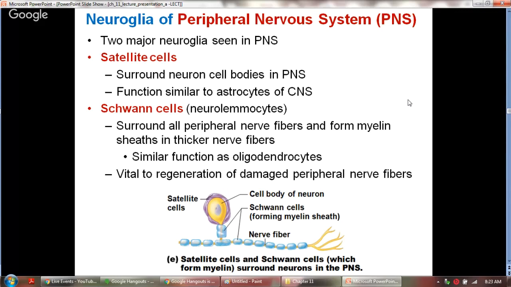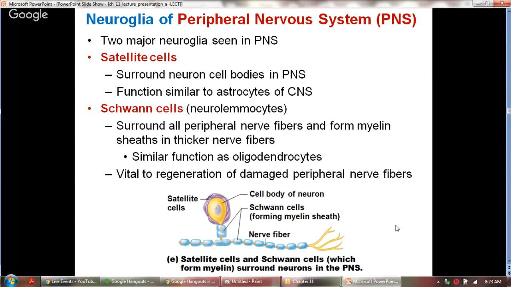And the Schwann cells are also called neurolemmocytes, and they surround all peripheral nerve fibers and form myelin sheaths in thicker nerve fibers. So it has a similar function to oligodendrocytes in the central nervous system.